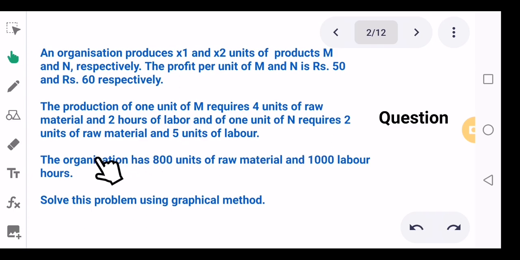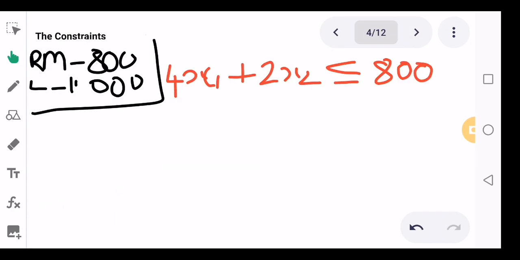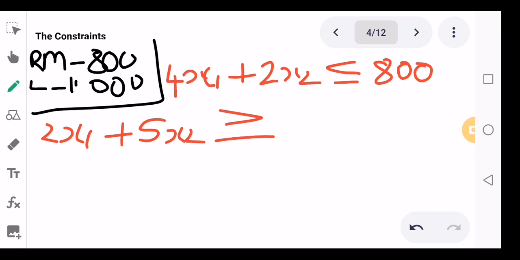So 2 hours and 5 hours. For M, 2 hours. For N, you need 5 hours. It has to be maximum equal to, so sorry, I wrote it wrong. Equal to 1000.